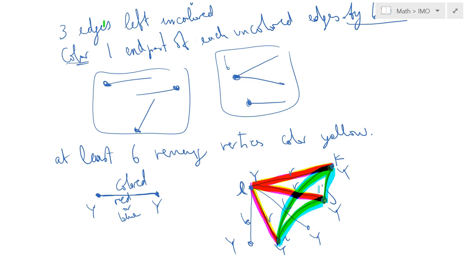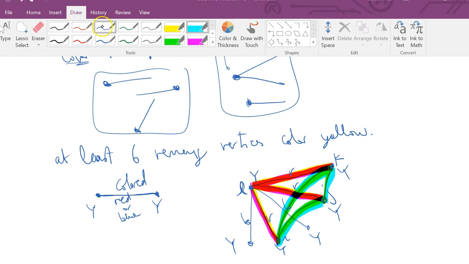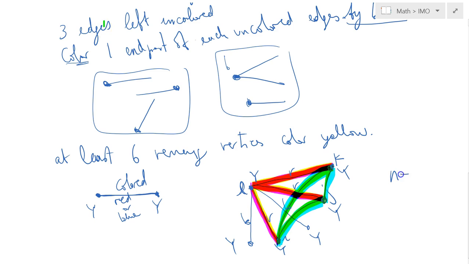You cannot avoid a single color triangle, either red or blue, emerging out of this. Therefore we can conclude that when n is equal to 33, if I color 33 of the edges, then necessarily a monochromatic triangle will emerge, and that solves our problem.